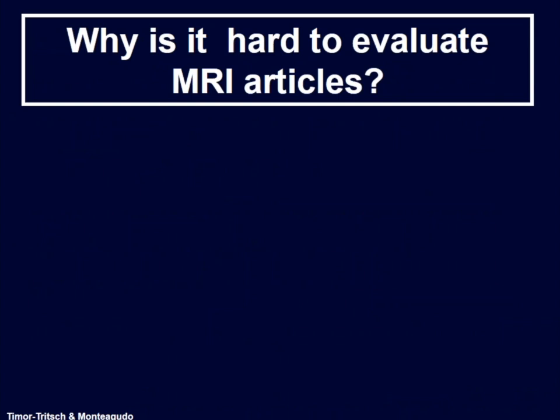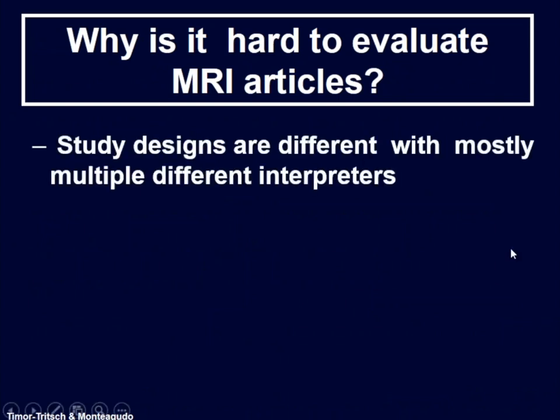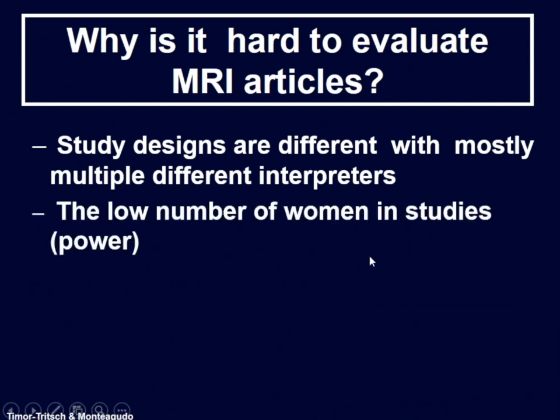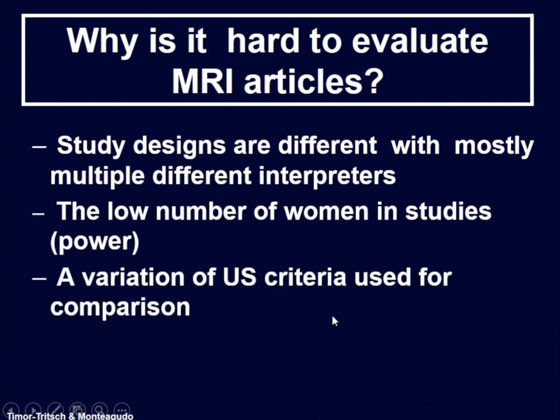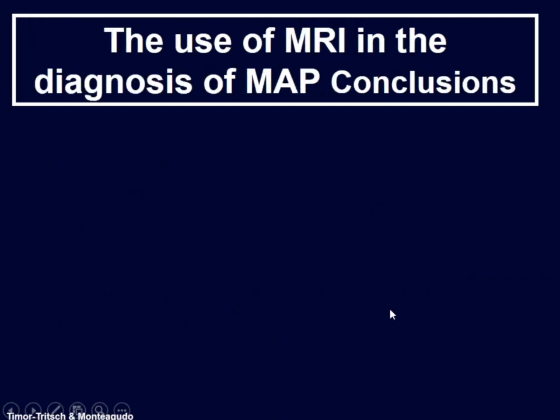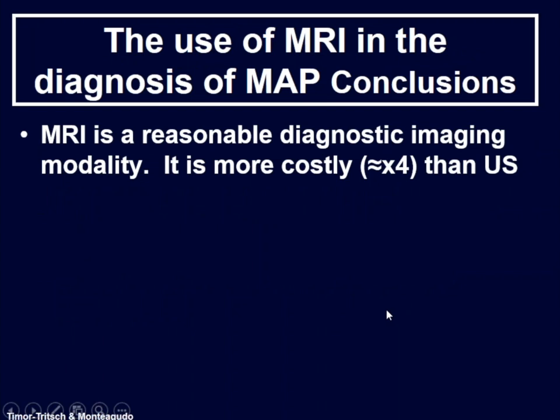Why is it hard to evaluate MRI articles? The study designs are different, with mostly multiple different interpreters. The low number of women in studies means that the power is low, and there is variation of the ultrasound criteria used for comparison. MRI is a reasonable diagnostic imaging modality.